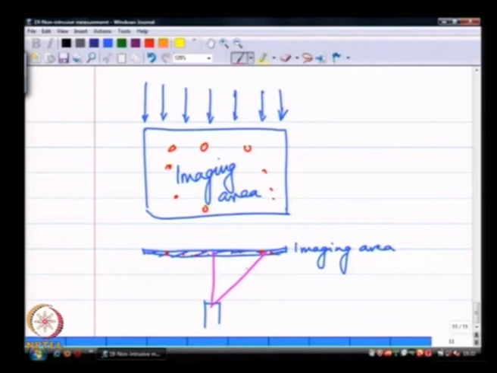So, the angle made by the scattered light coming towards this camera from one of the edges of the spray is different from the angle made by the scattered light coming in from the middle of the spray.